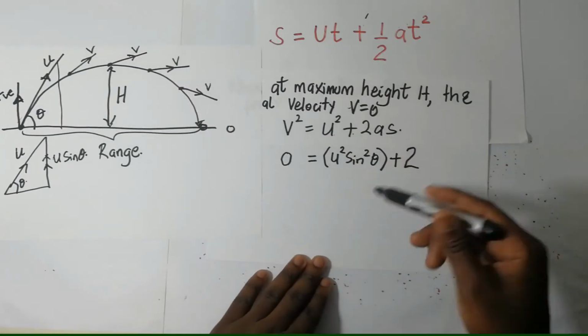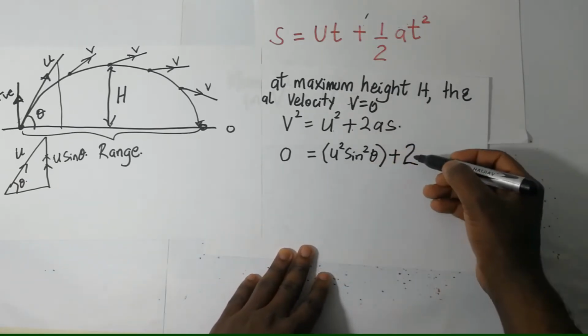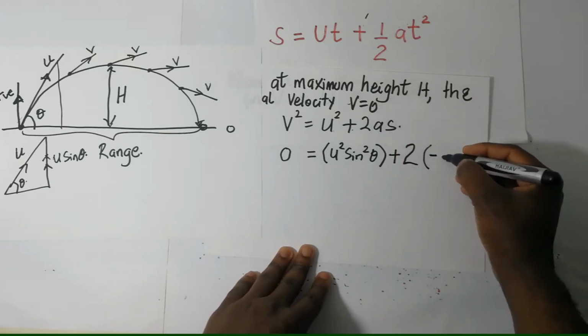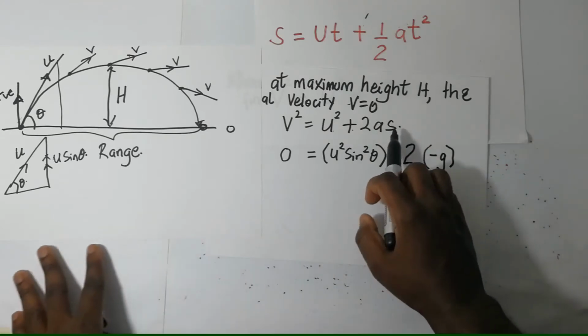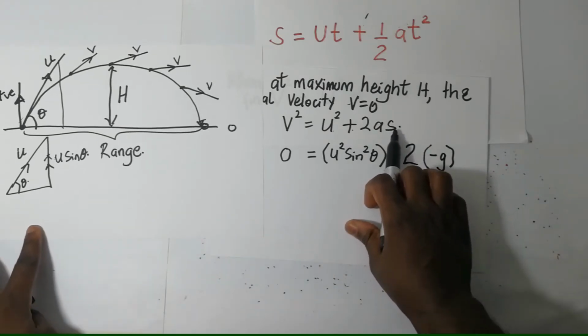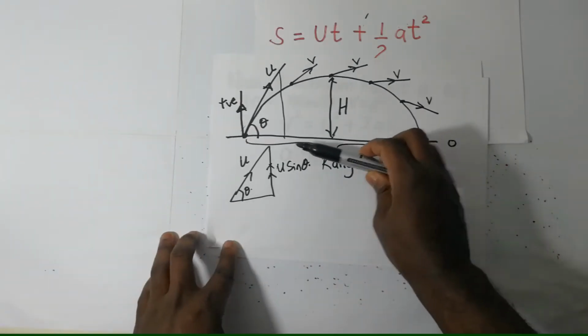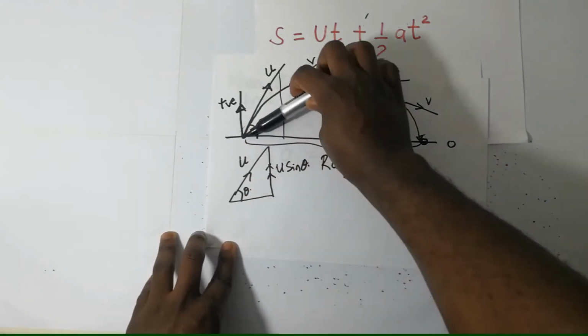It can't be a positive value, because the particle is moving against gravity. So it's going to be 2 times negative g times s. Now remember, s is displacement, and we said that displacement will be positive when you're moving upwards and negative when you're moving downwards.